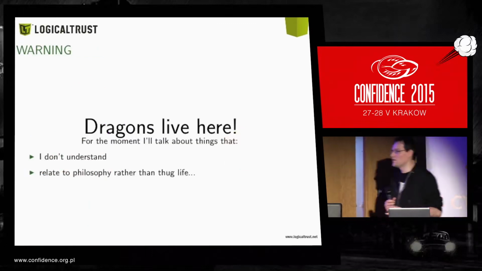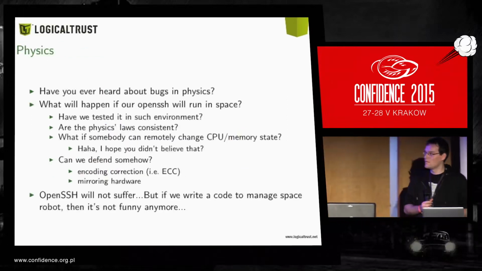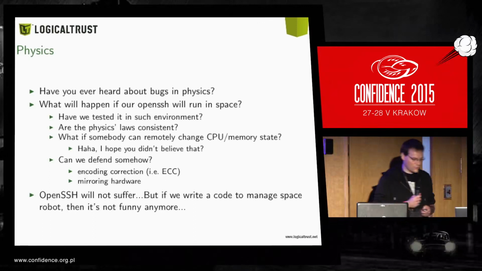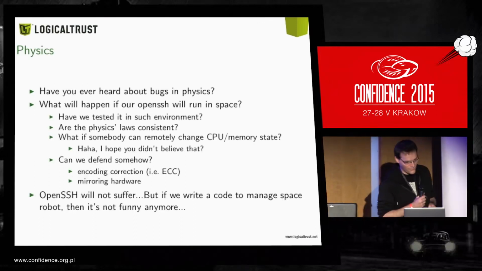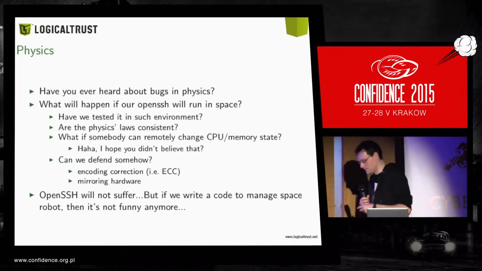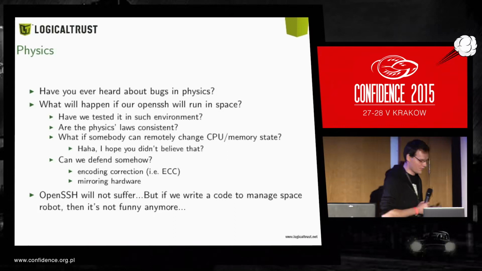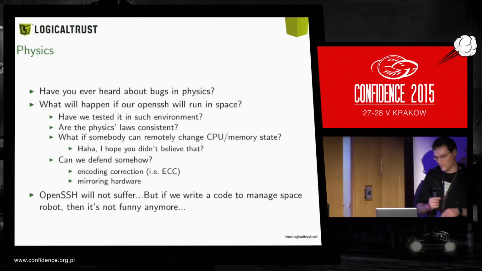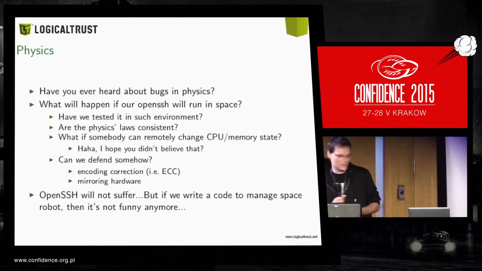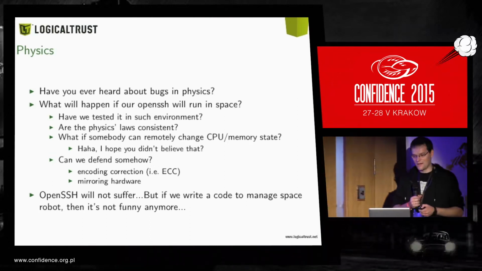So for the moment, we will talk about philosophy. If you think about how physics works and if it's consistent in the whole universe, for example, if you pass the question to your favorite search engine, you will find many rants about it.